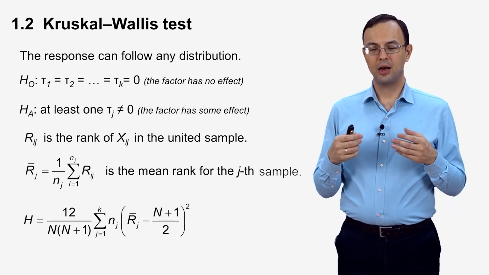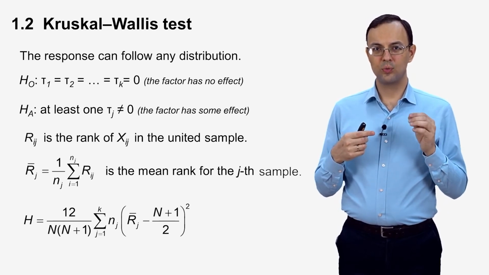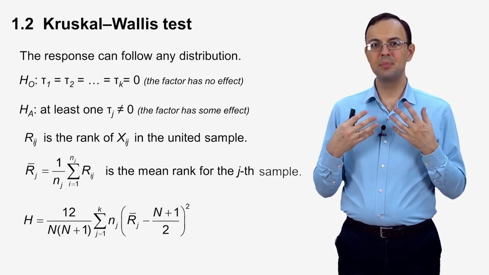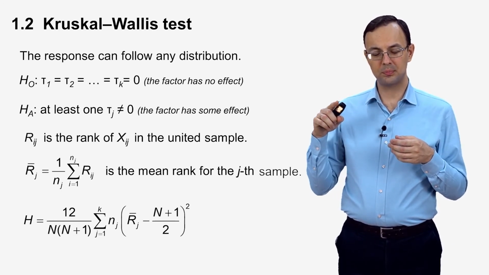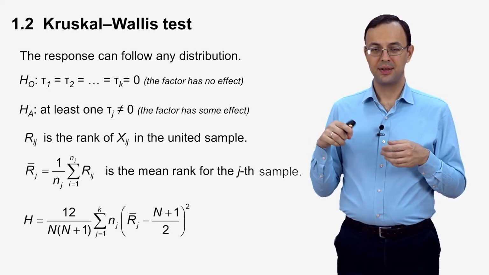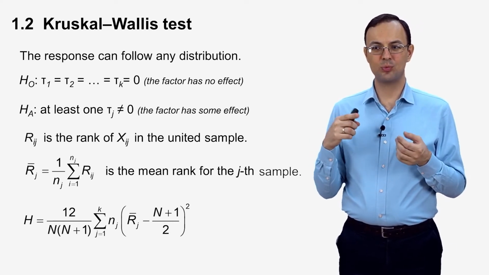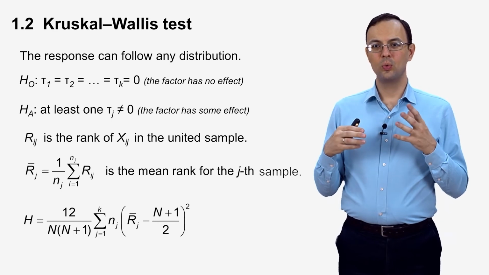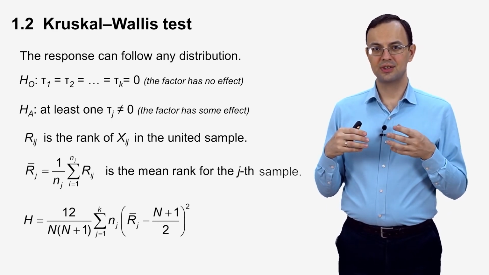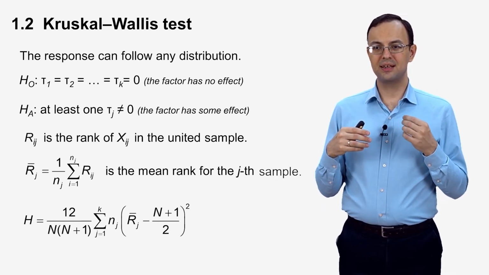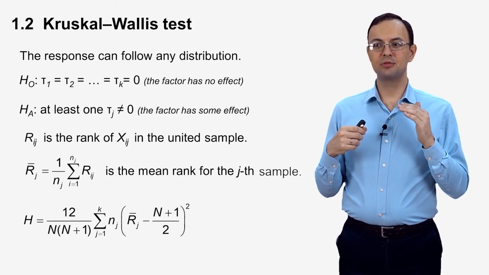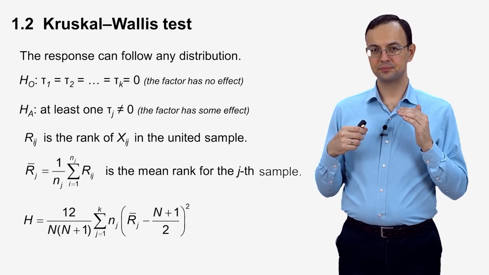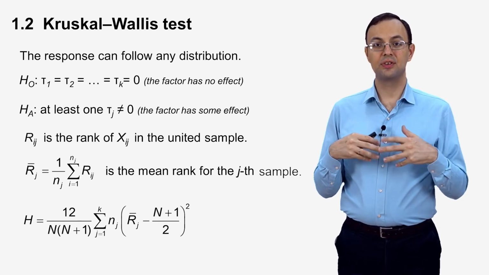If all observations are ranked from 1 to capital N, what is the mean rank? The mean rank is 1 plus 2 plus 3 and so on plus N, divided by N. And this mean value is N plus 1 over 2. So this statistic shows us how big the average difference is between the mean ranks for different factor levels and the global mean rank.